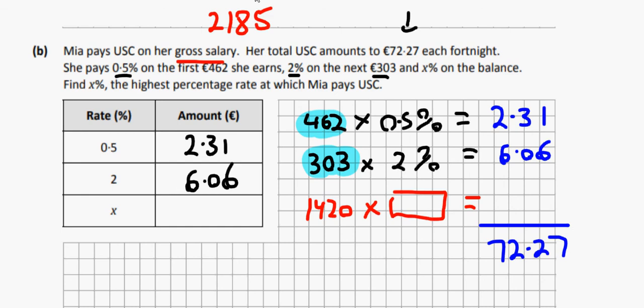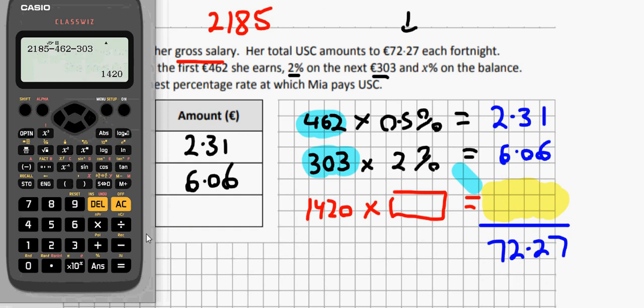So what number goes in the yellow region? What number goes in here to make that work? Why don't we take them away? Yeah, 63.9. Alright, and that gives us that amount there.